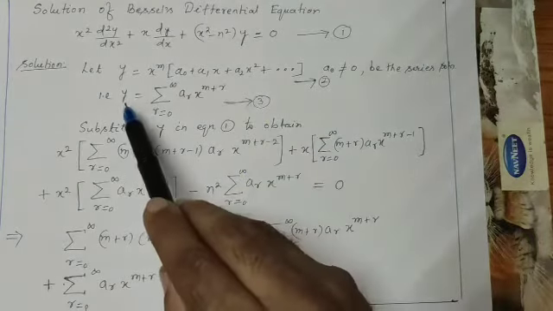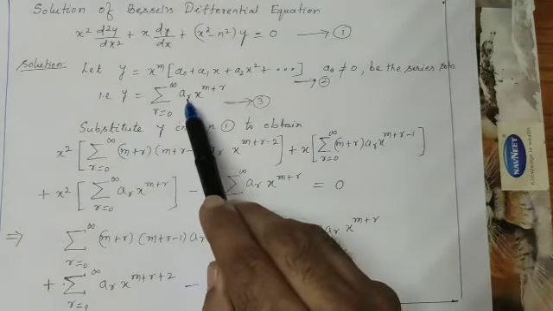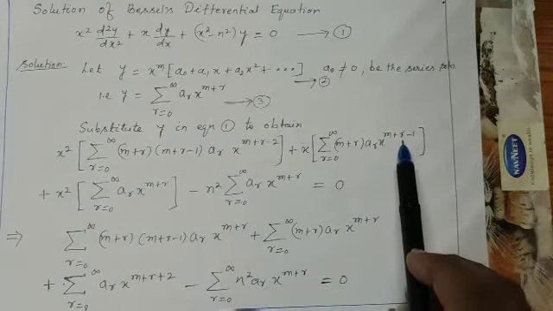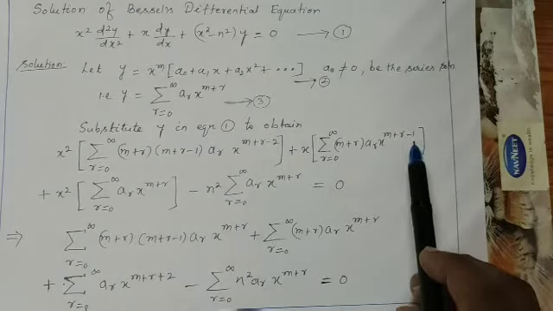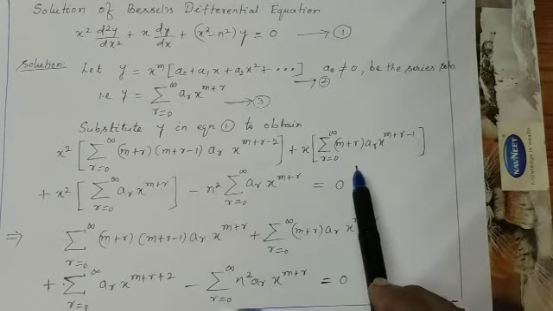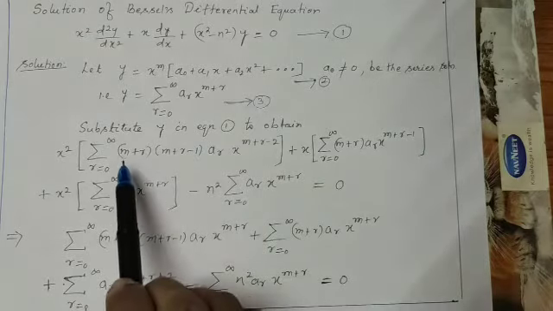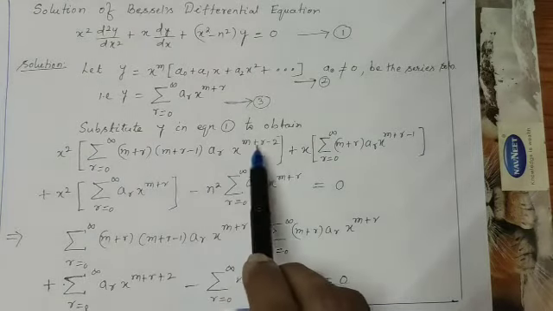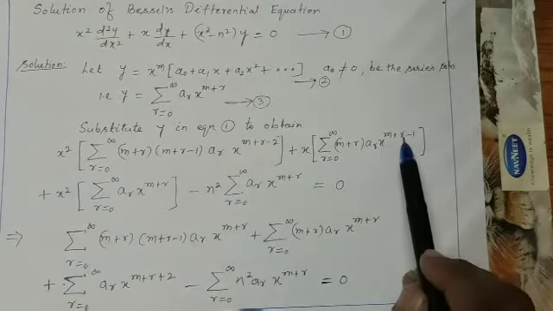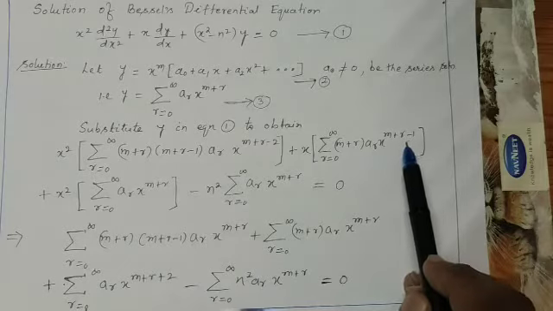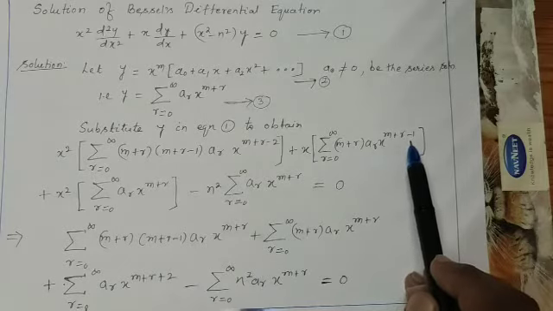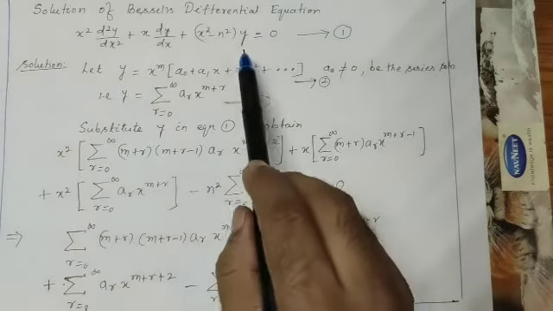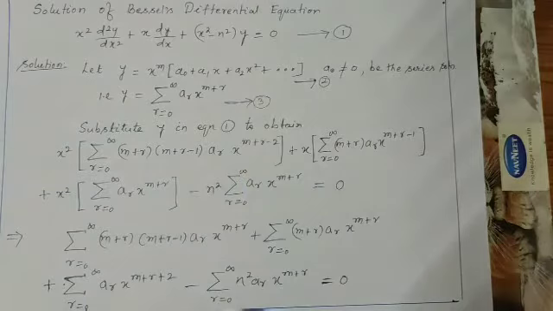What is the derivative of y with respect to x? a r (m plus r) x power m plus r minus 1. Similarly, if you differentiate this, you will find the previous term: (m plus r) into (m plus r minus 1) a r x power m plus r minus 2. The derivative of x power m plus r minus 1 is (m plus r minus 1) times x power m plus r minus 2. This is what we get if we substitute y in equation number 1.